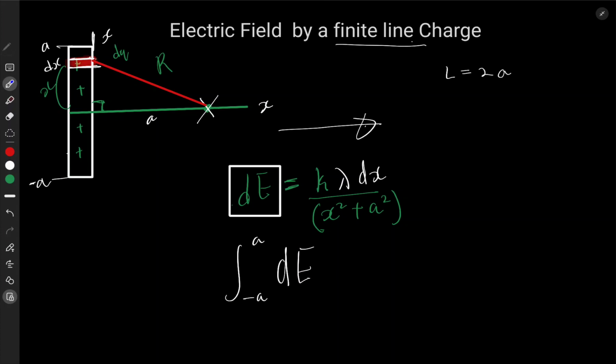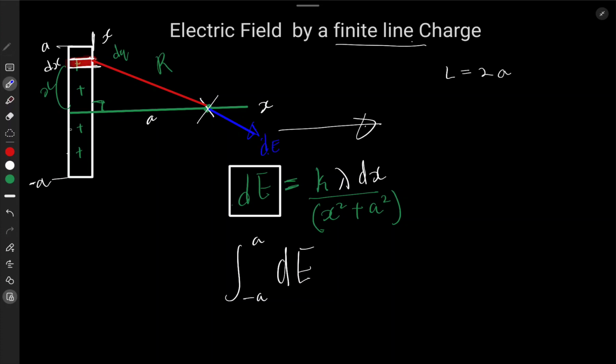Also, I think it is very useful to notice that the electric field caused by this dx is going to go this way. Okay, that means it has y and x components. This is our dE that we are talking about, dE.